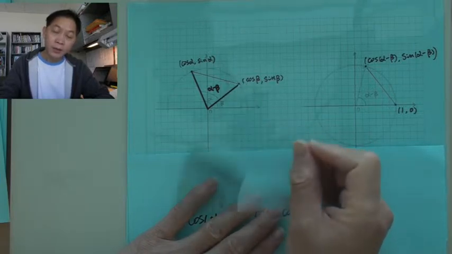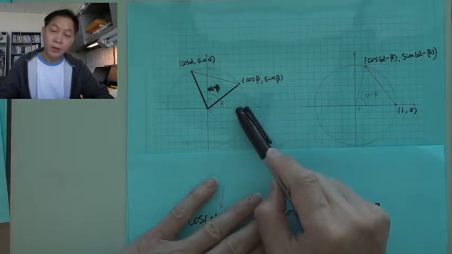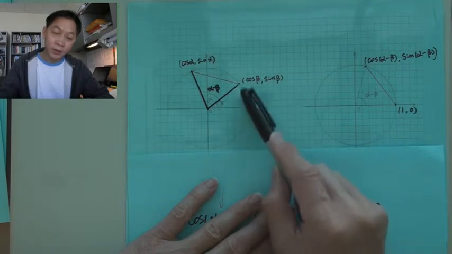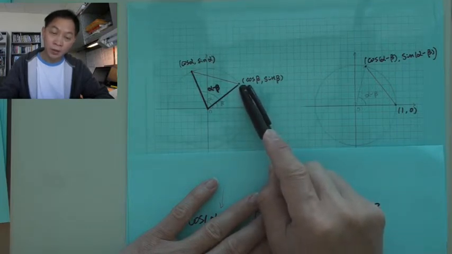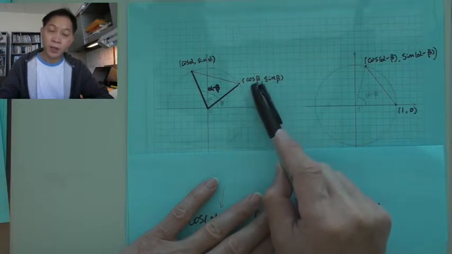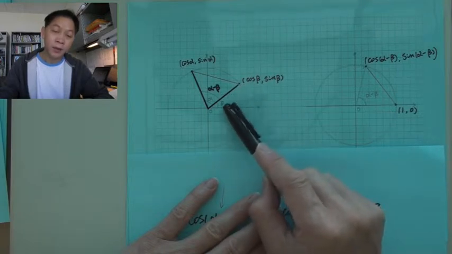So cosine beta is the x coordinate, sine beta is the y coordinate of this point. Remember, sine beta is the y coordinate, cosine beta is x for this one, angle beta.